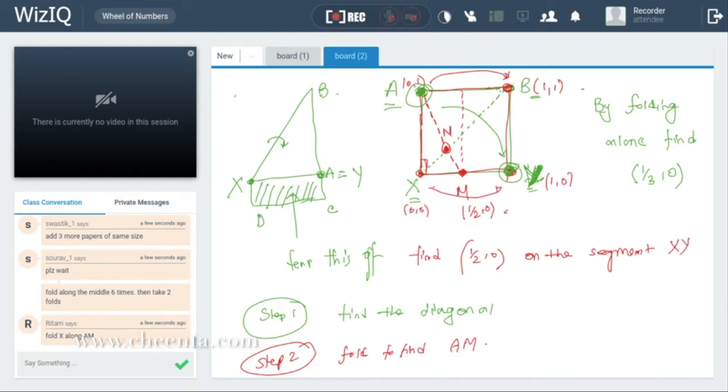This right angle or that right angle. So any fold that is along that right angle, parallel to that right angle, is basically also a right angle.